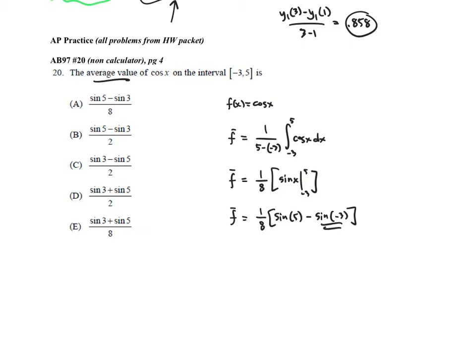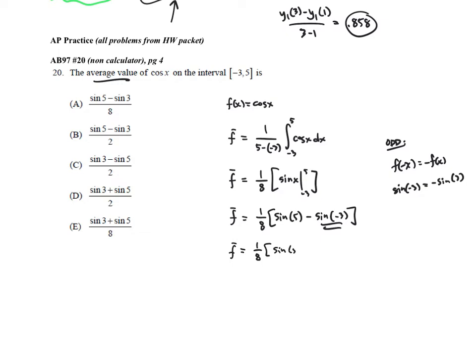Sine of x is an odd function. Remember, for an odd function, f of -x is equal to -f of x. Thus, sine of -3 is equal to negative sine of 3. Therefore, this actually is equal to 1/8. This is a nice little example.